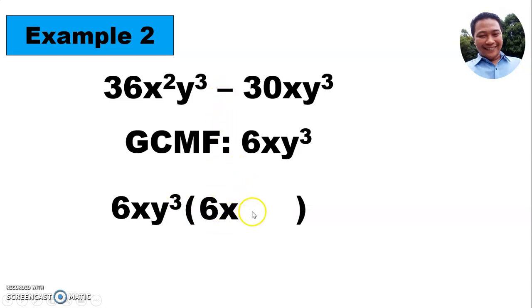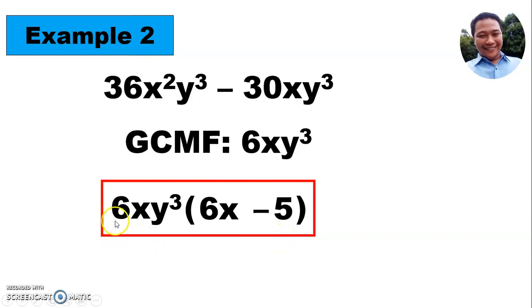Copy the operation. Minus 30xy cubed divided by 6xy cubed is equal to 5. Therefore, the factors are 6xy cubed multiplied by the quantity 6x minus 5. Can you follow? Let's have another example.